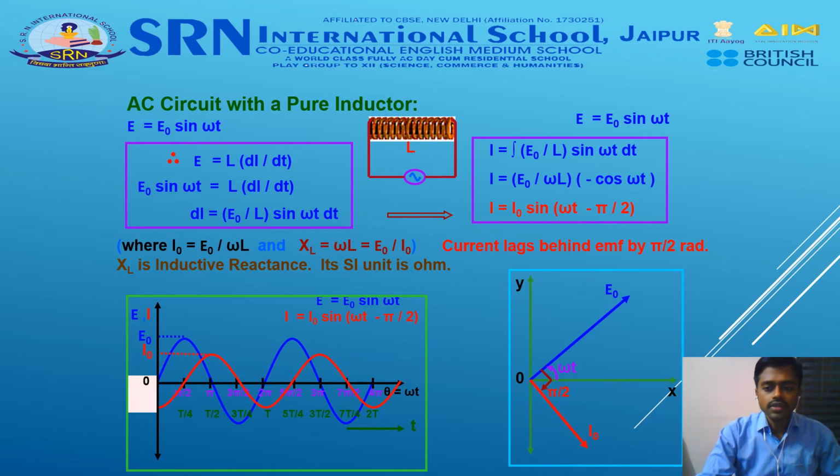Now in the phasor diagram we will obtain the same thing, that if the EMF is pointing at an angle omega t from the horizontal x-axis, the value of current will be 90 degrees behind it. So this is the thing which is obtained in AC circuit with pure inductor.